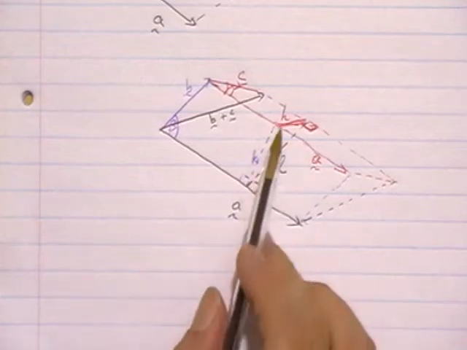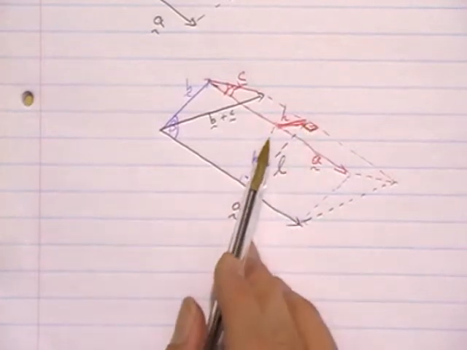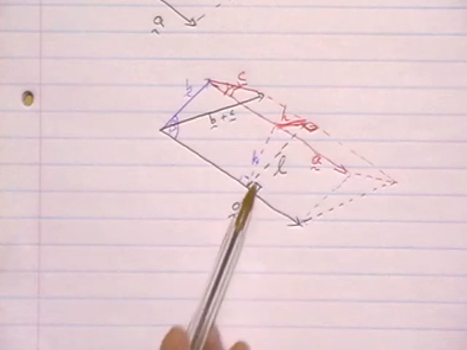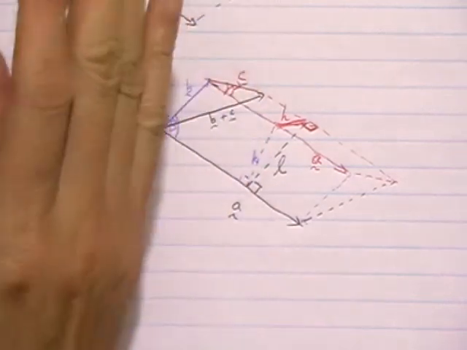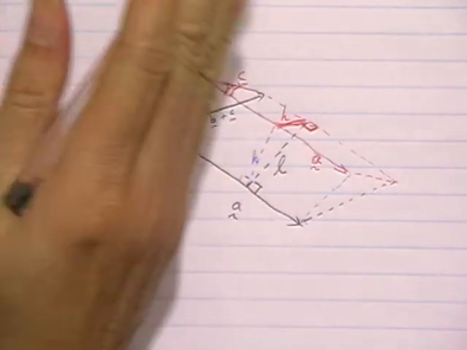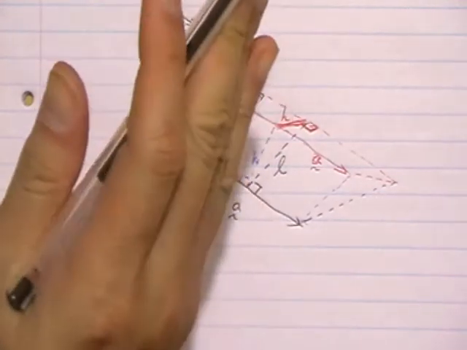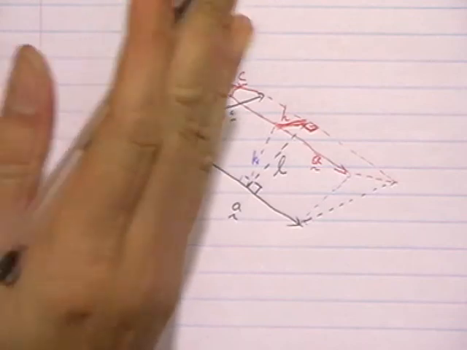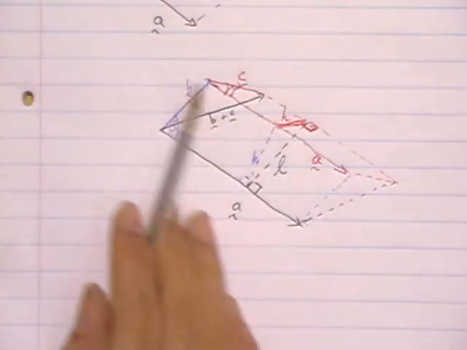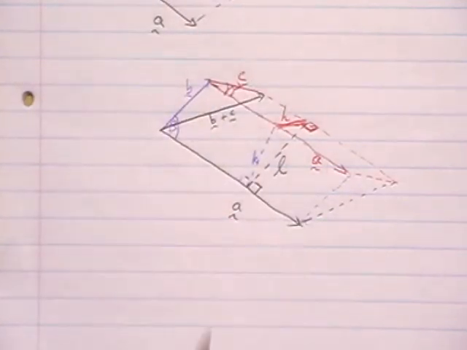Now we see that the 3 perpendiculars join up because this is simply the cross section that we would get if we cut this prism perpendicular to any of its sides.